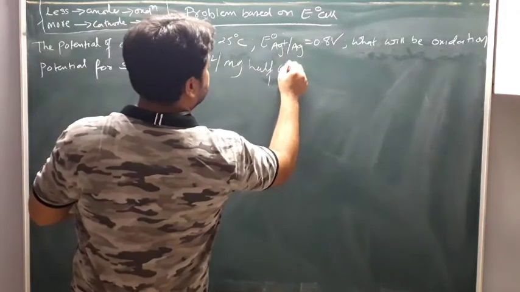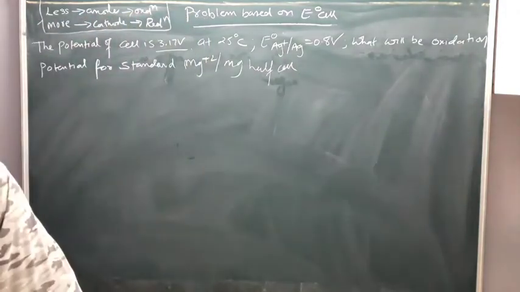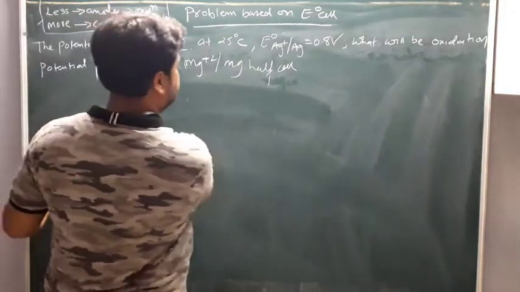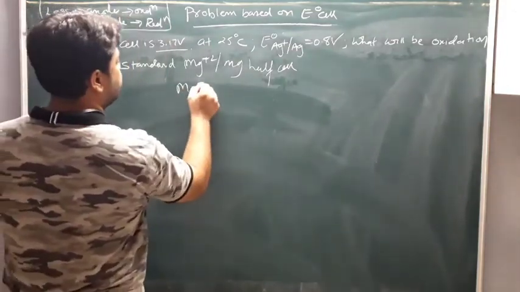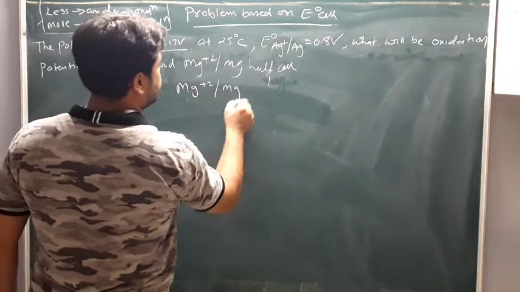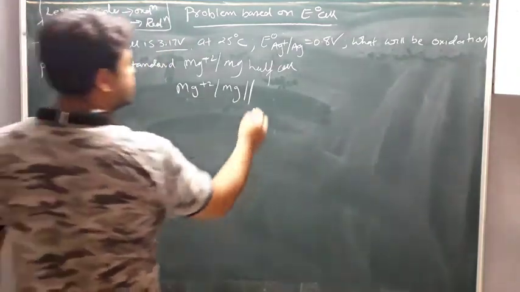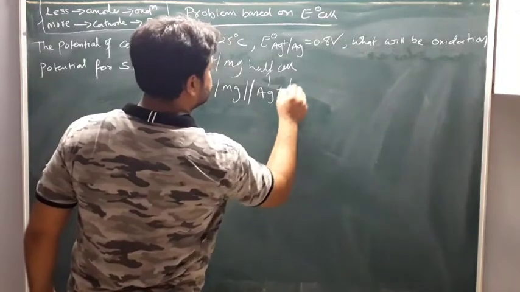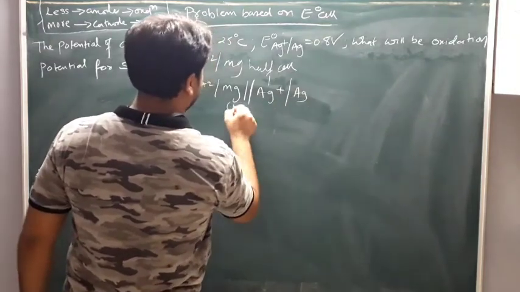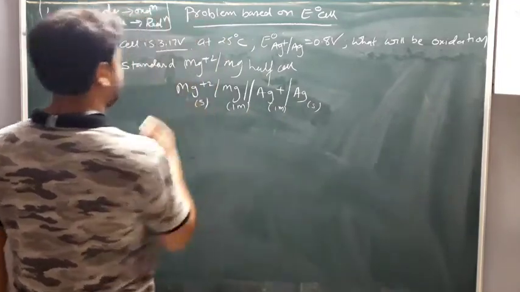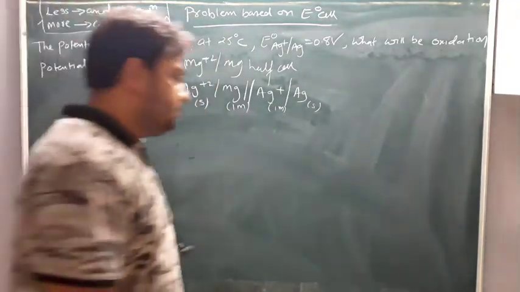Okay, and the cell reaction and cell representation they have given. The cell representation says Mg plus 2 slash Mg, salt bridge, Ag plus slash Ag. Here they have given 1 molar salt. Hope you have the question.